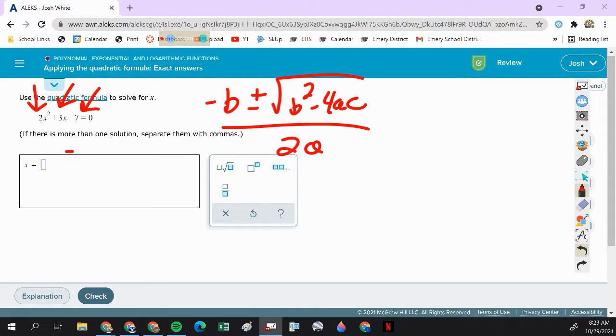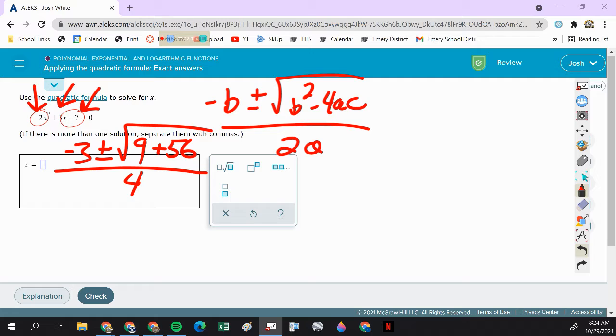So this would be negative 3 plus or minus the square root of 3 squared is 9. And then I need to do negative 4 times negative 7, which is 28, times 2, which is 56. Over 2 times a, which is 4. 9 plus 56 is going to be 65.